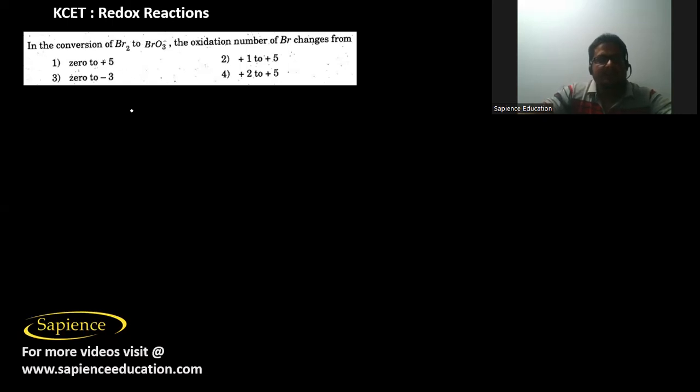Then here it is asked, in the conversion of Br2 to BrO3 minus, the oxidation number of Br changes from? In Br2, the oxidation state of Br is 0, since it is in the free molecular state. And in BrO3 minus, the oxidation state of Br is +5, since the oxidation state of oxygen is always -2.